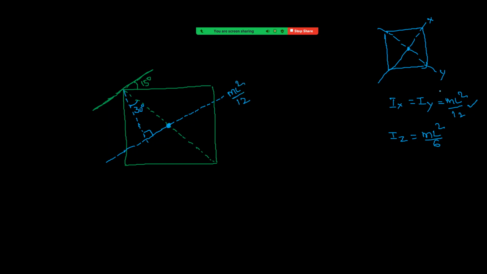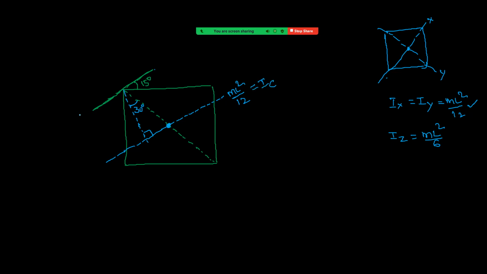So I hope you got this point. Here about this diagonal or about this, ML square by 12. If we rotate these two axes by any angle, still their values do not change. That result we are taking now here. Now this is parallel to this axis.